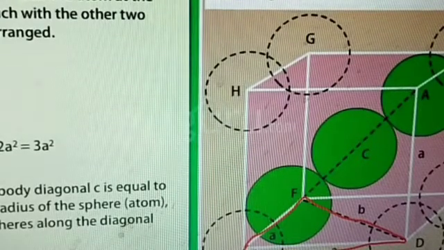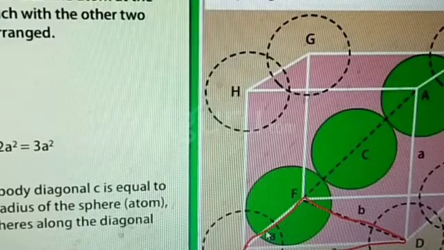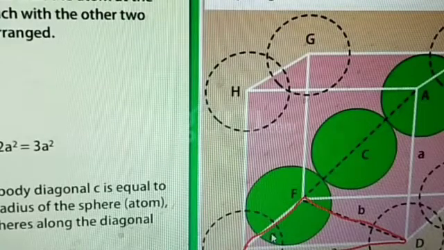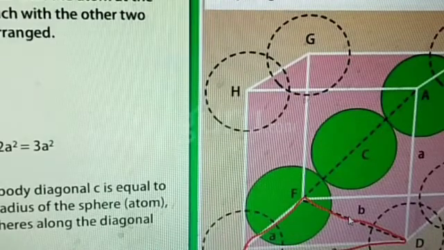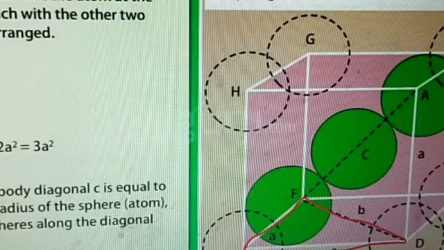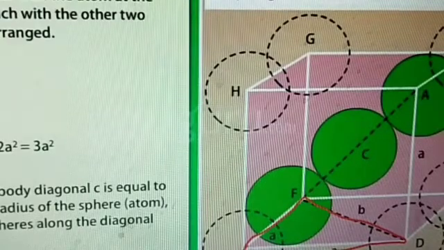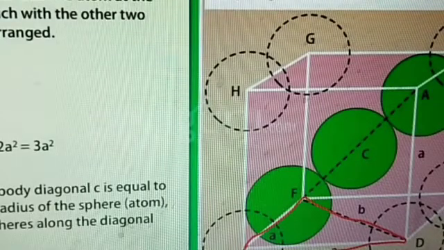In this triangle EFD, B square is equal to A square plus A square. Why? Because it is a right angle triangle. Here we have the right angle. So in a right angle triangle, according to Pythagoras theorem, hypotenuse square is equal to side square plus side square. It becomes the hypotenuse as it is opposite to the right angle. So B square is equal to A square plus A square, so 2A square. Then B is equal to root 2 A.